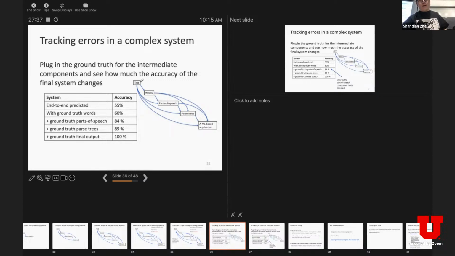So now, if I only have ground truths for words and part of speech tagging, up to here, and now I run my machine learning model for parse trees, right? Oh, sorry. I have ground truth for words, part of speech, and parsing trees, and I use my machine learning based model, and now my accuracy drops to 89%, right?